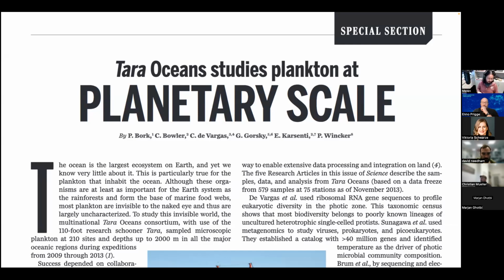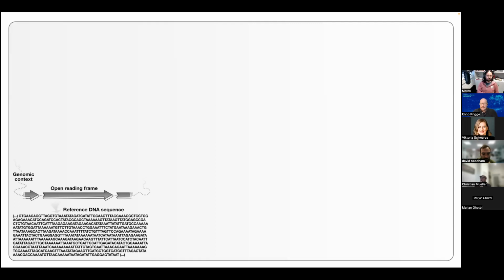So now I just want to change gears and talk just a little bit about how we study genetic heterogeneity within a single population we observe in the environment. So it more or less goes like this and relies on read recruitment, again, as you can imagine. But I'll give an example here using a single gene for convenience, but it's going to be the same for the entire genome. So let's say we have an open reading frame, which obviously has a particular sequence.